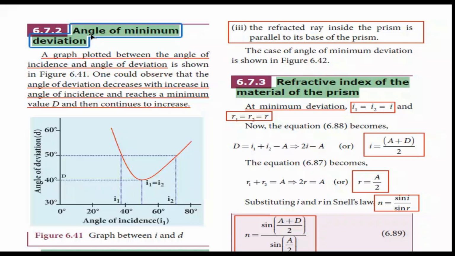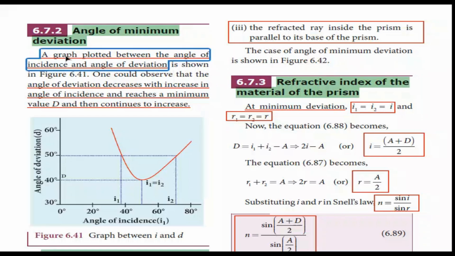Angle of minimum deviation. A graph which is plotted between the angle of incidence and angle of deviation is shown in this figure 6.41. Along the x-axis, angle of incidence I1 is taken, and along the y-axis, angle of deviation D is taken.